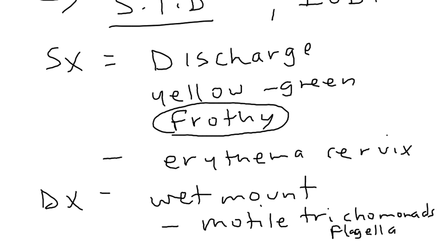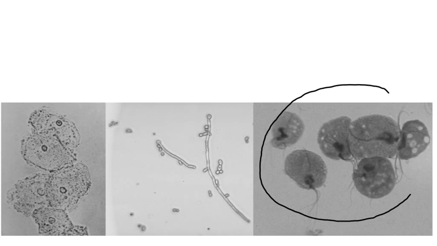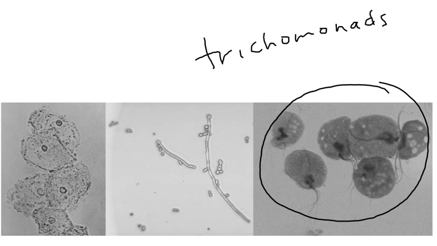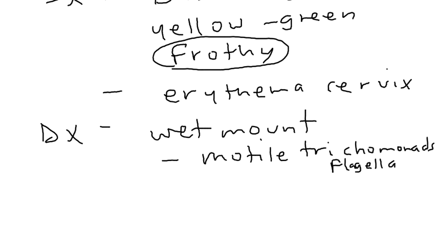Well, let's show you a picture. Here they are, right here. These are the motile trichomonads. And this is what you'll see under the microscope. So get a good feel for those types of images.